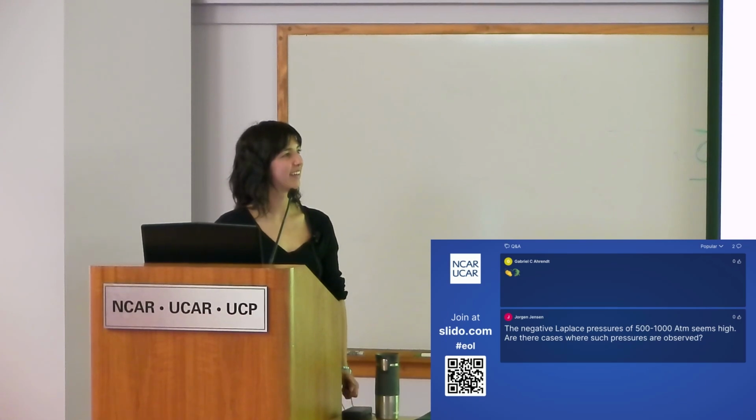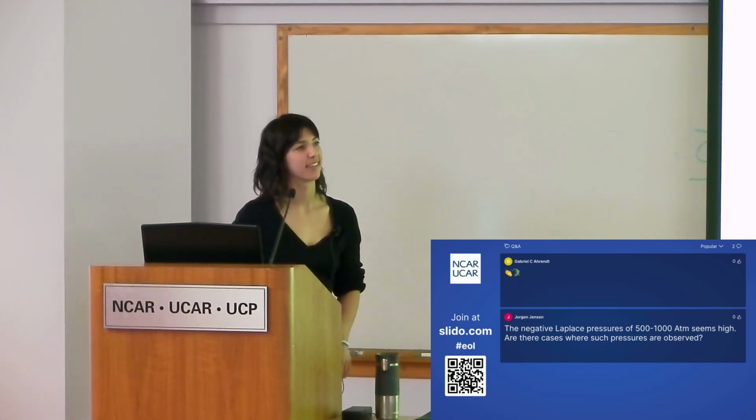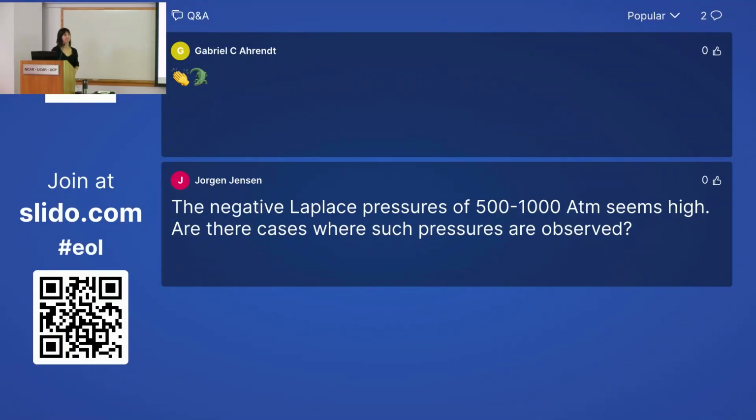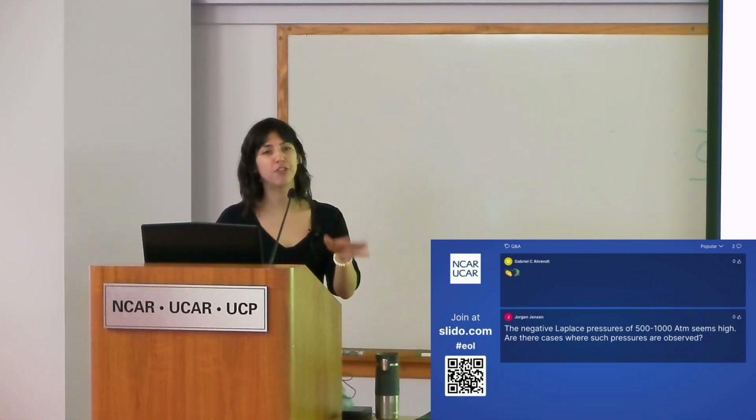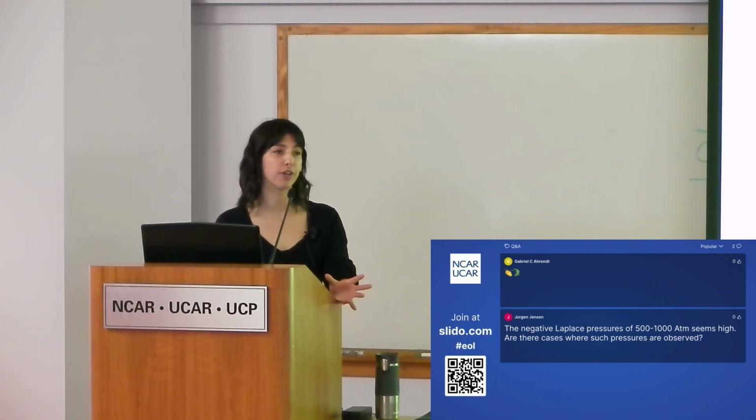Jan Jansen has a follow-up question. The negative Laplace pressures of 500 to 1,000 atmospheres seem high. Are there cases where such pressures are observed? Yeah, I totally agree. The largest negative Laplace pressure that I've seen measured in nature is in tree xylem, where they've been measured to be hundreds of atmospheres of negative pressure.